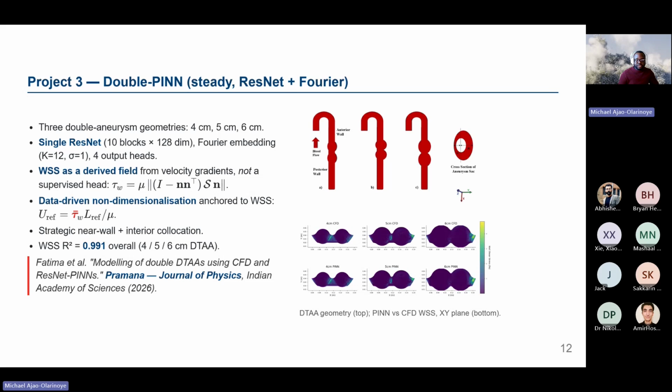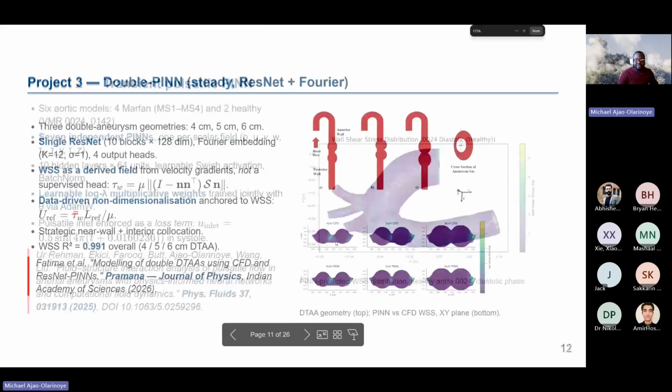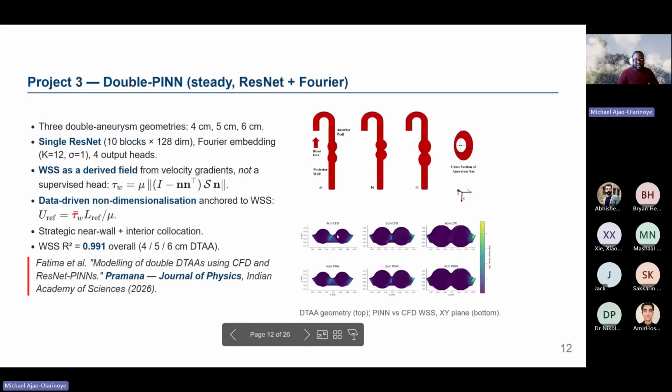Now, this made use of a data-driven non-dimensionalization aspect to anchor the wall shear stress from the data, and then sampled at near-wall points and interior collocation points. Okay, this was actually very important to be able to get the specific wall shear stress at the neck of the geometry itself.